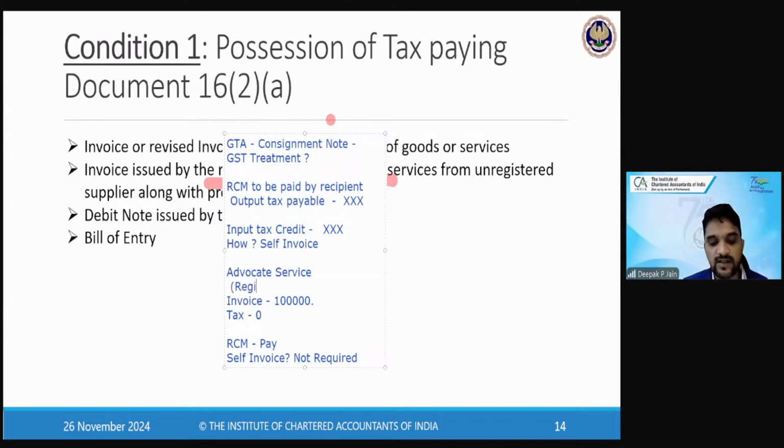When the advocate is registered under GST, then you are not required to raise a self-invoice. You will raise a self-invoice only when the advocate is unregistered. If there is a lawyer from whom you take service and the lawyer is not registered, then you will raise a self-invoice. But if the lawyer is registered, then self-invoice is not required.